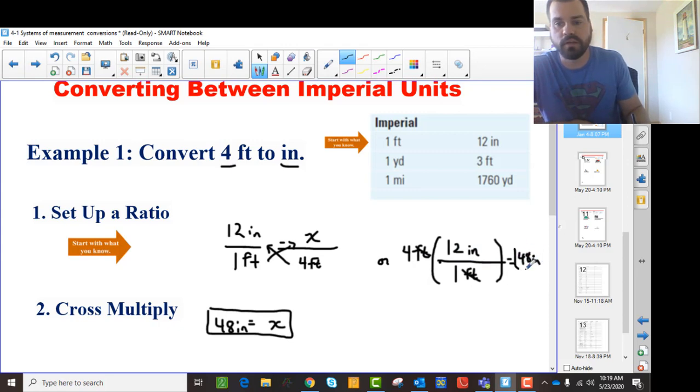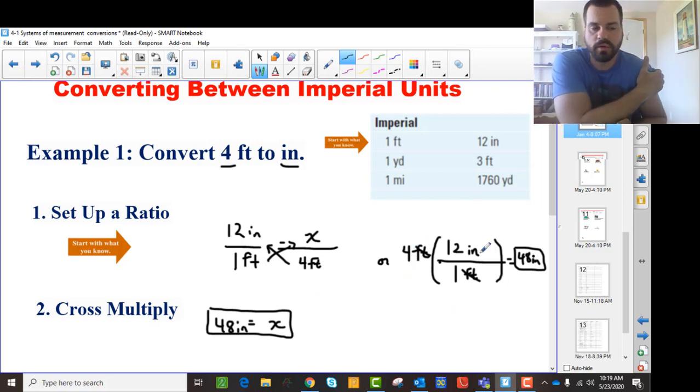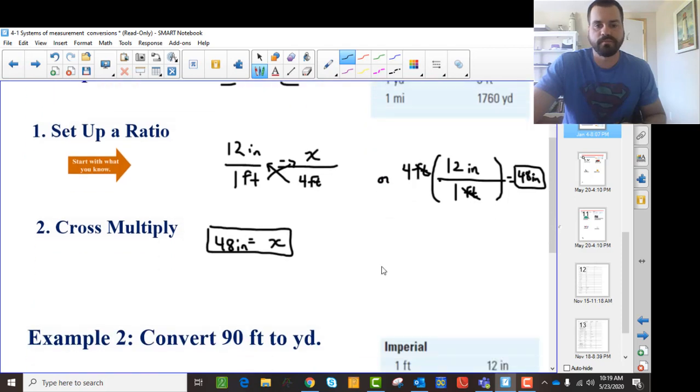Either way you get the same answer, and it's just a matter of how you want to set up the ratio. You're used to doing this with scale factor from grade 9, so this might be more familiar to you. This is something you will see for sure when you get into chemistry, if you take chemistry. It's just a different way of doing unit conversion.